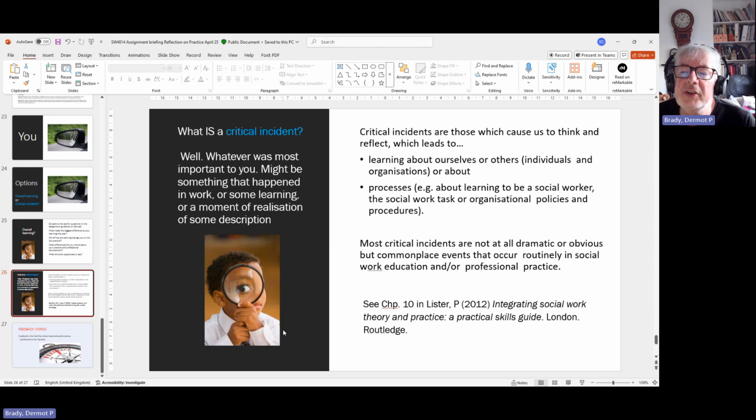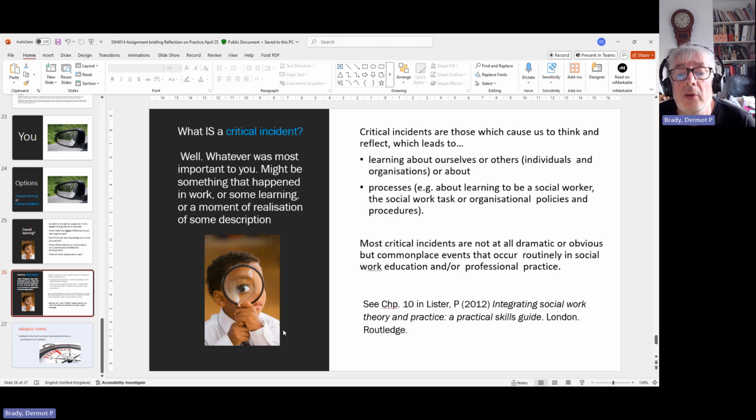A critical incident tells us about ourselves, our organizations, our processes, or whatever. And Lister has a little chapter, which you can get in your reading list if you want to read more, because it makes suggestions on how you might structure it.